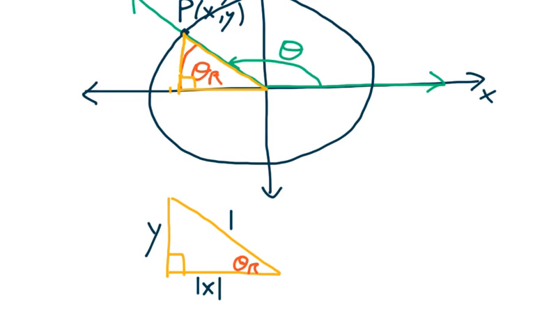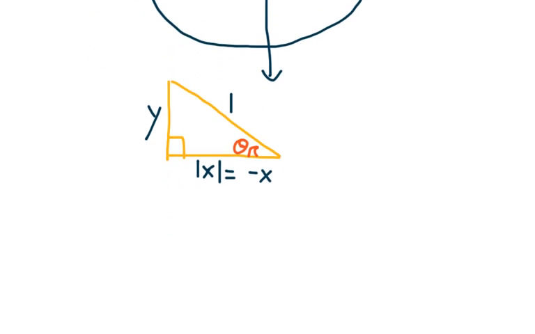Remember, because we want actually distance. But the absolute value of x being negative, is negative x. So actually, the length of the base down there is negative x. So this might be drawing a lot more than necessary, but what the heck? Here's y, here's negative x, 1, here's our angle theta sub r.